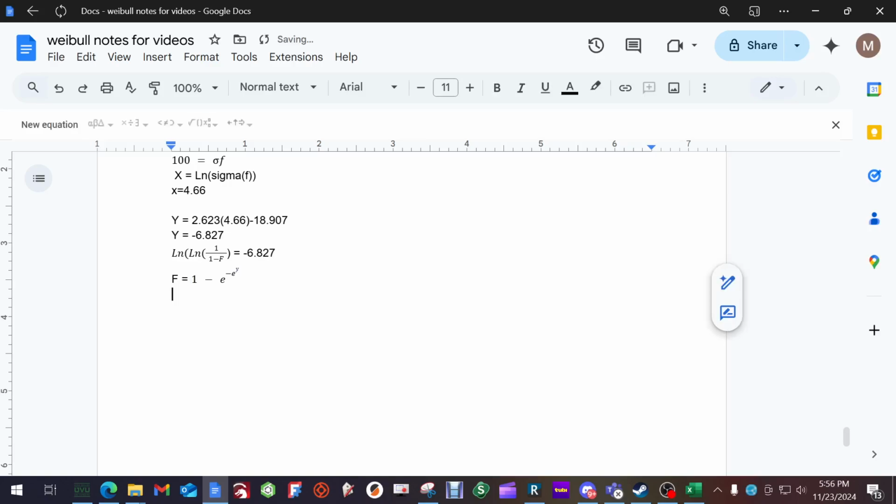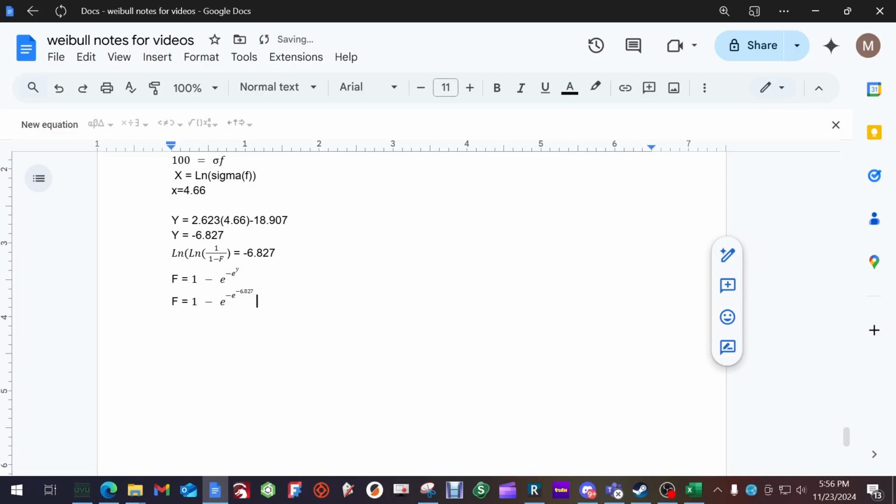Does that make sense? So I'll just type it out. F is equal to, new equation, 1 minus e to the negative e to the negative 6.827. Did I do that right? Yes.